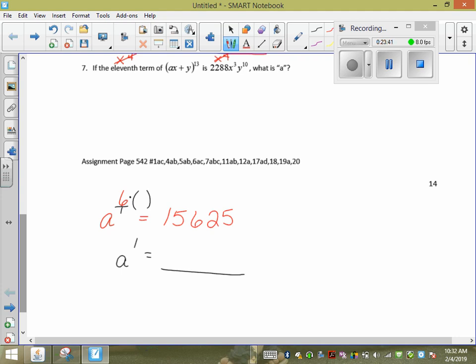When you multiply fractions, you multiply across the top and across the bottom. We agree? Numerator times numerator, denominator times denominator. I need it to be 6 over 6. So I can multiply this by 1 over what? 6. If you multiply it by its reciprocal, you get 1, because it's going to end up being 6 over 6, correct? So I can raise this to the power of 1/6.